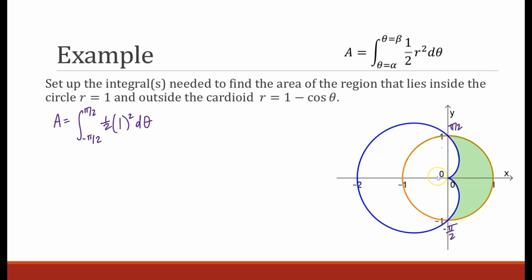But then I need to carve out, or take away, a portion of that. So I'm going to need to take away this little region here. And the way that's going to be found is I'm going to subtract another integral. I'm going to subtract the integral from, again, negative pi over 2 to pi over 2.